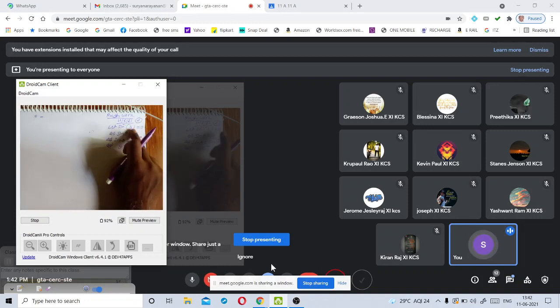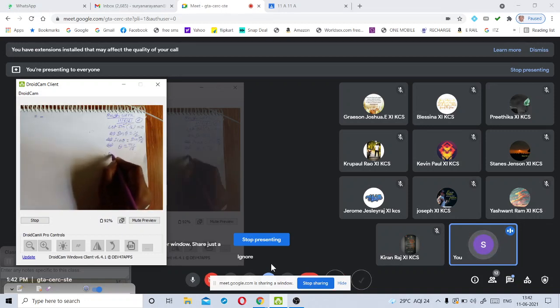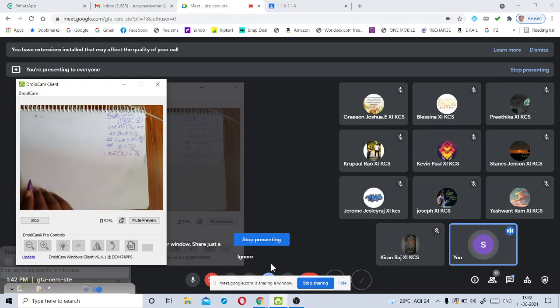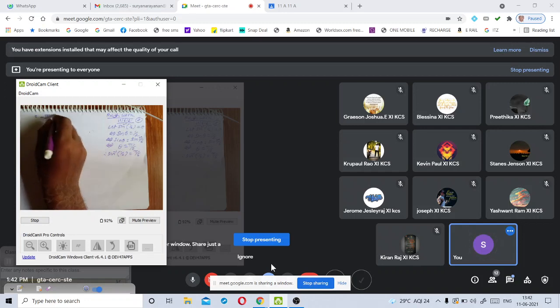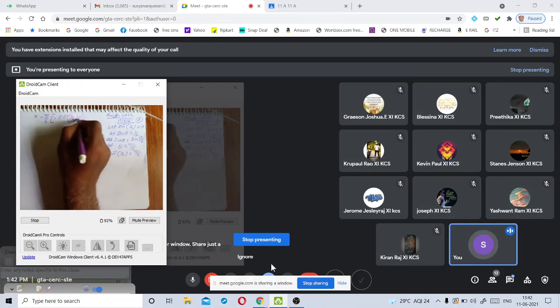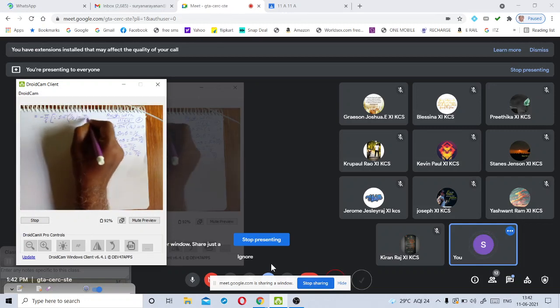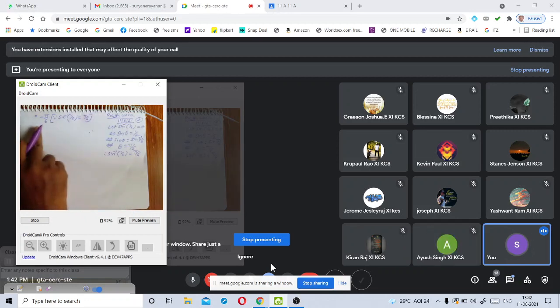Therefore, sin inverse of 1 by 2 is equal to pi by 6. Understood this step?